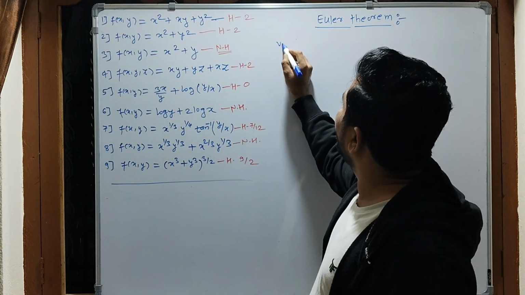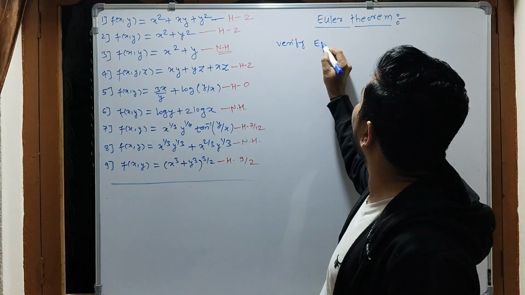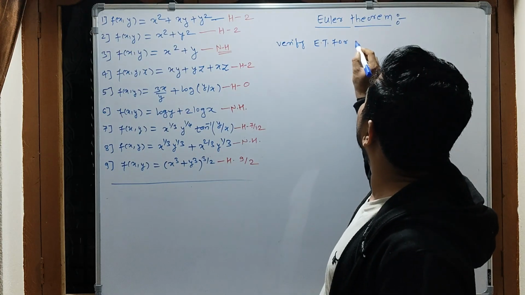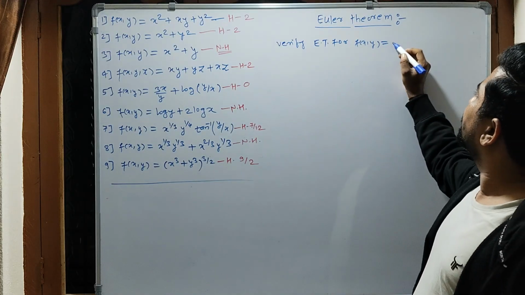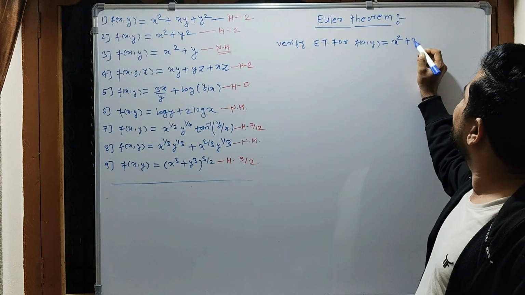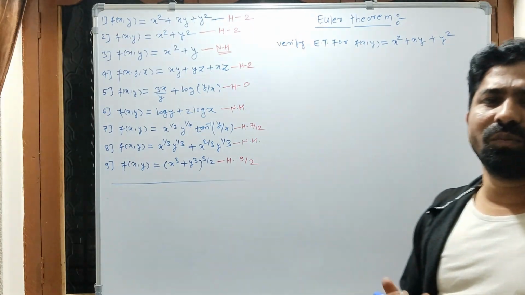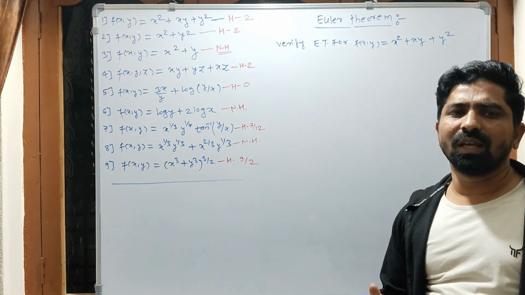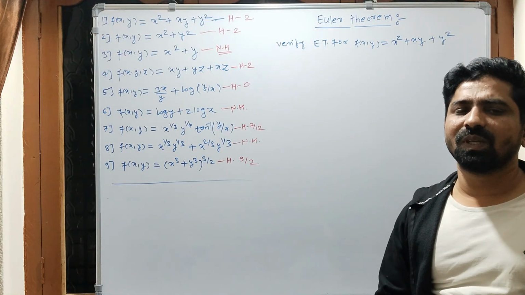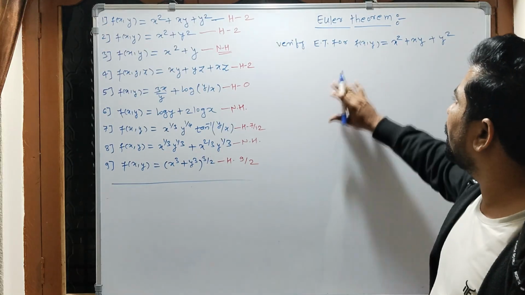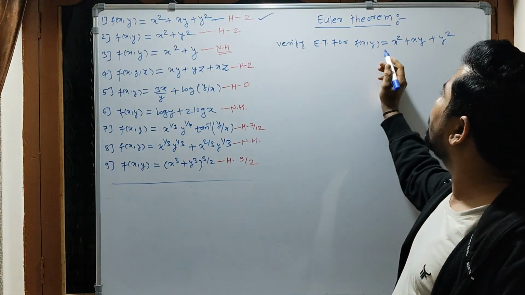Example 1: verify Euler's theorem for f of x comma y equal to x square plus xy plus y square. The statement of Euler's theorem says that if the function is a homogeneous function of degree n, then x dou f by dou x plus y dou f by dou y equals n times f of x comma y. Of course, this is a homogeneous function of degree 2. Here, verify Euler's theorem for this function.